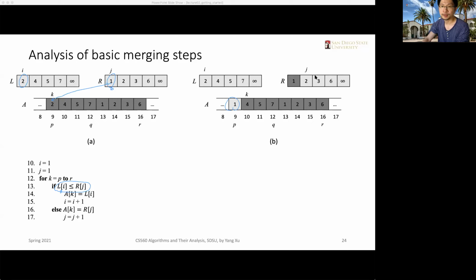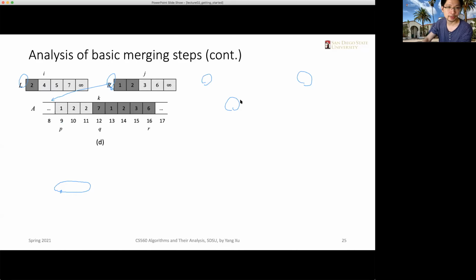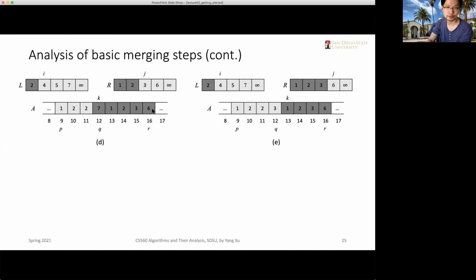So in the next iteration, these two numbers will be compared, all right? After comparison, we'll take the L element back to A, and K is also incremented, and I is incremented. Okay, so this is a very clear demonstration of how the algorithm runs for these merge sort steps.